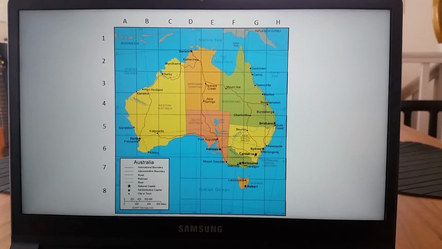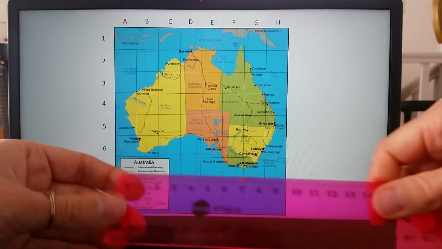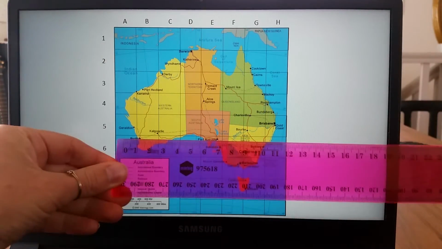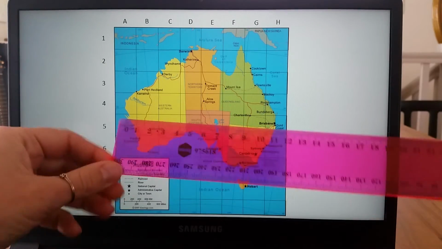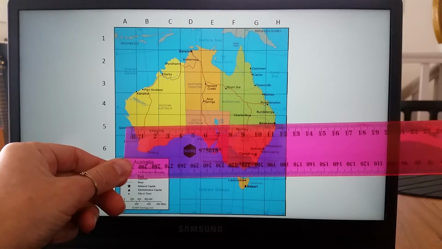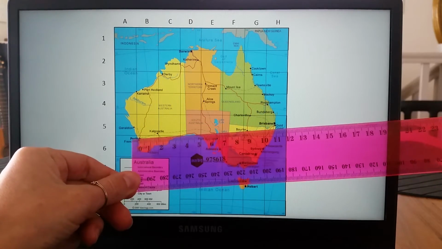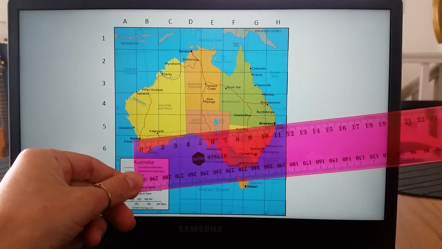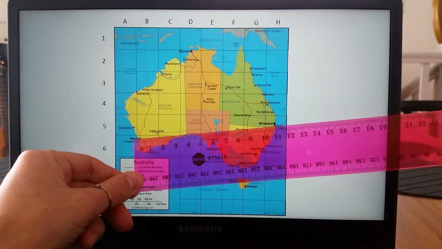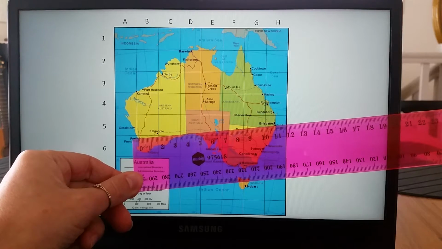So let's use our ruler again to measure the actual distance. So we know, remember, each centimetre on the ruler is about 300 kilometres. We know that from the legend. We can see here, there's Perth, that from Perth to Brisbane, we have got 11 centimetres on the ruler.